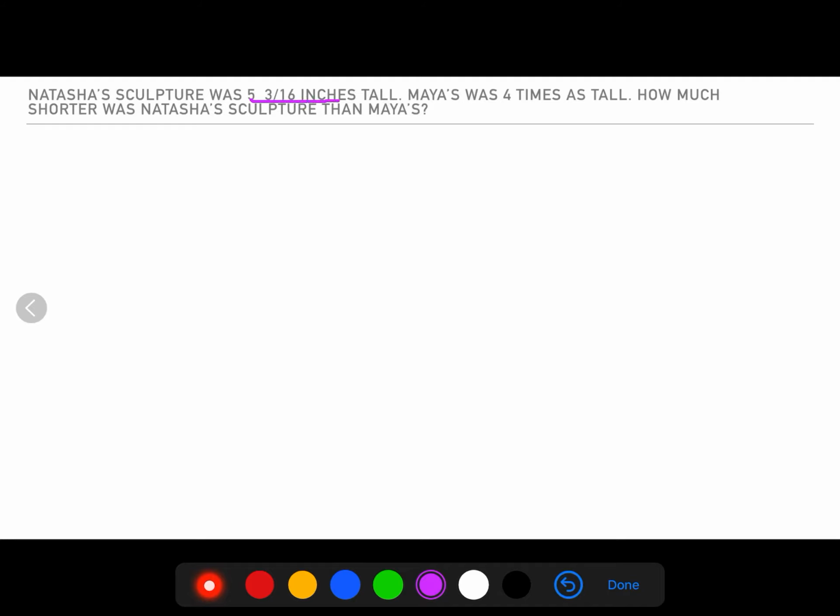The fact that Natasha's sculpture was 5 and 3/16 inches tall. What about the second sentence? What am I going to underline? That's right, the fact that Maya's was 4 times as tall. And I know I'm solving for how much shorter was Natasha's sculpture than Maya's.